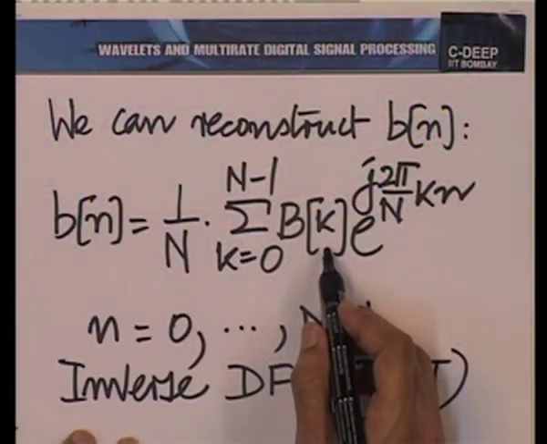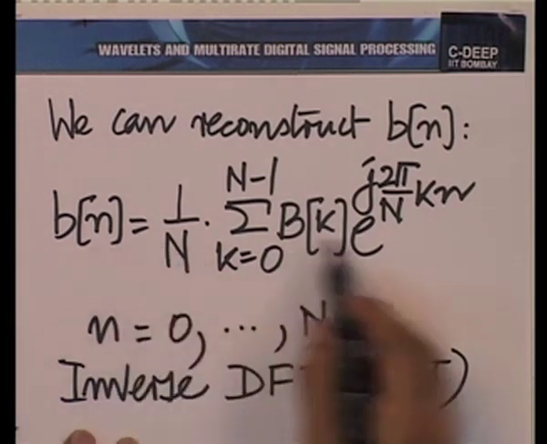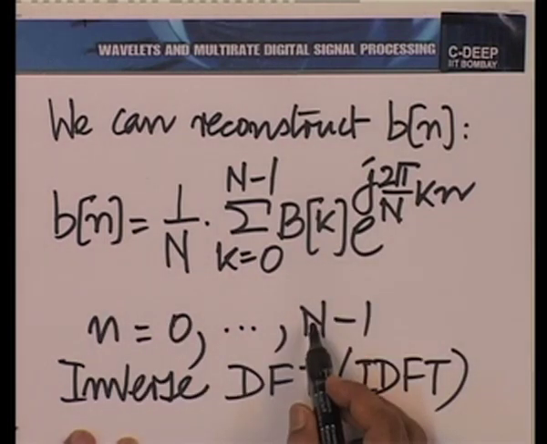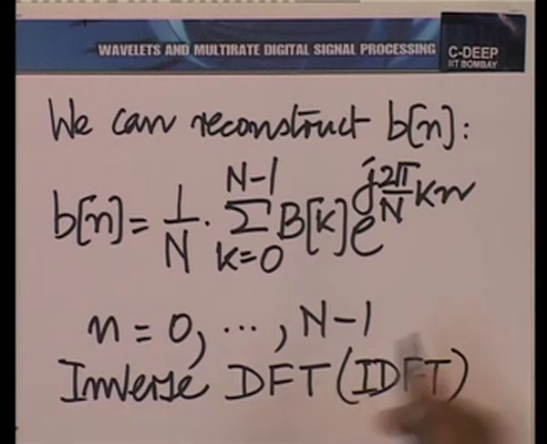You see, what is to be noted here is that although we have talked about a limited sequence, actually you can periodically extend that sequence in capital N, and whatever expression we have here to reconstruct B n from capital B of k. So, B n is reconstructed from capital B of k here, seemingly only at n equal to 0 to capital N minus 1, but even if you apply the same expression for all integer n, you get a periodically repeated sequence. Whatever is between 0 and N minus 1 is periodically repeated in every interval of N successively and before.